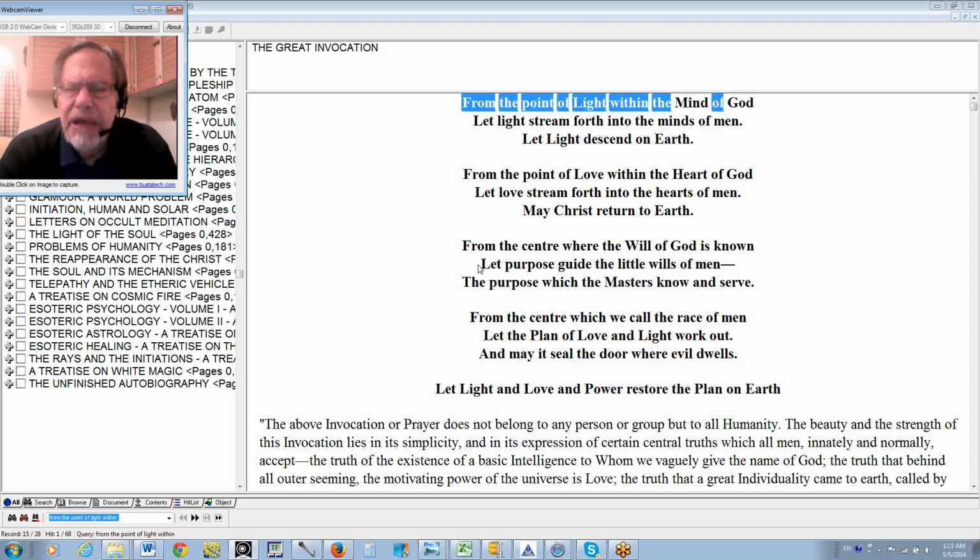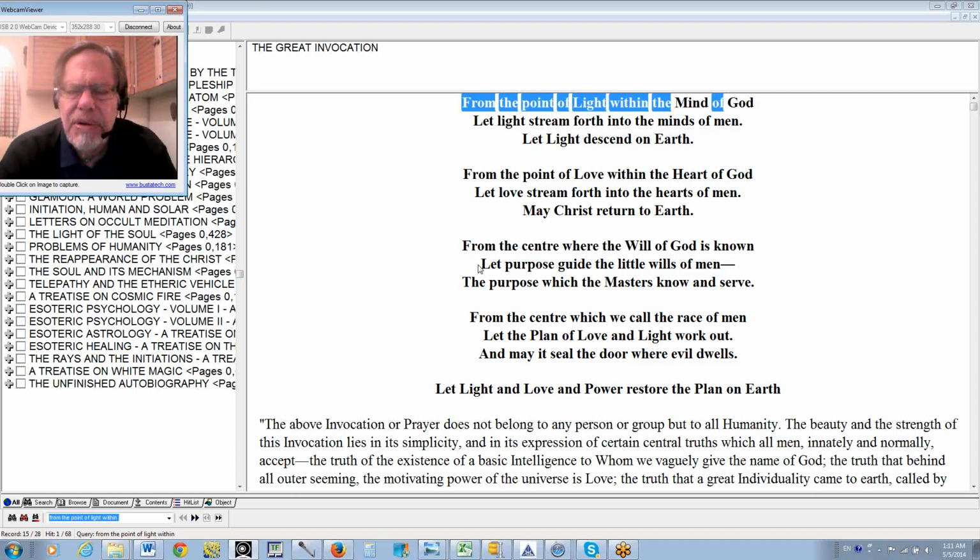From the point of light within the mind of God, let light stream forth into the minds of men. Let light descend on earth. From the point of love within the heart of God, let love stream forth into the hearts of men. May Christ return to earth.